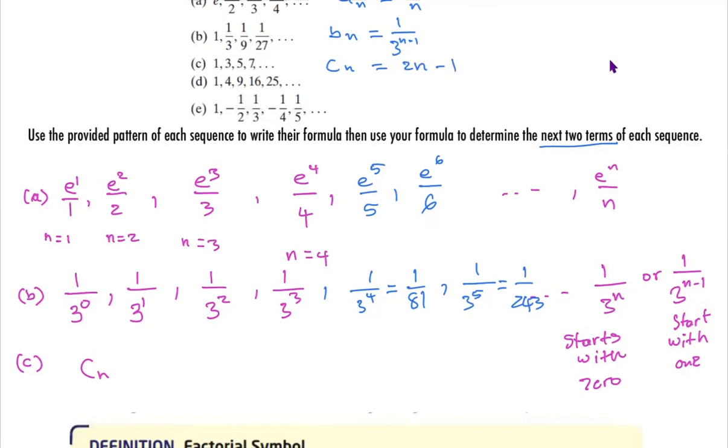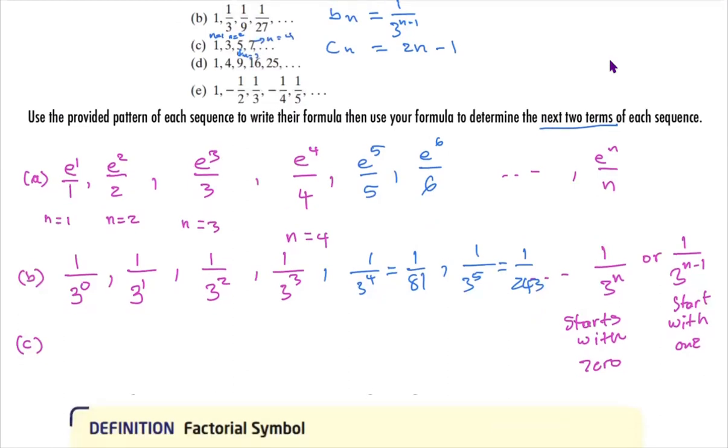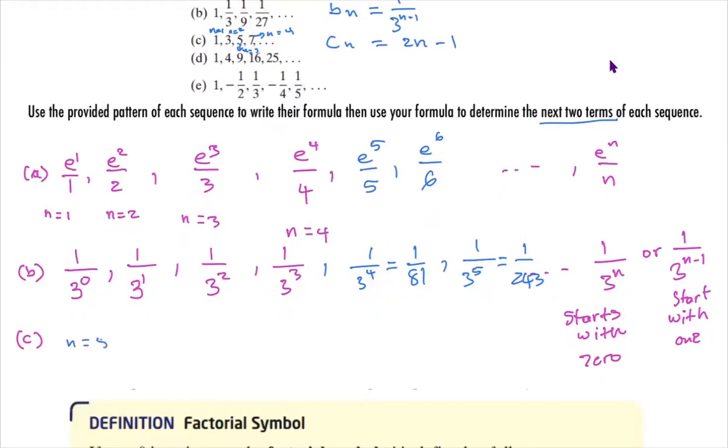And then the expectation is that the next terms are 7 and 9, for n equals 4 and n equals 5. So C5 is 2 times 5 minus 1, which is 9.